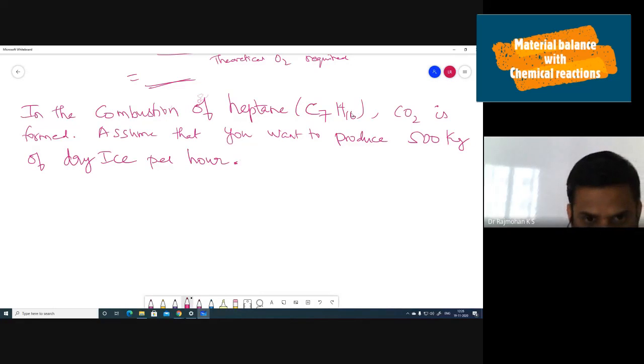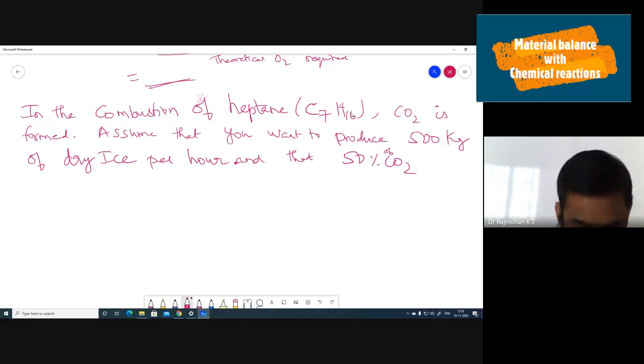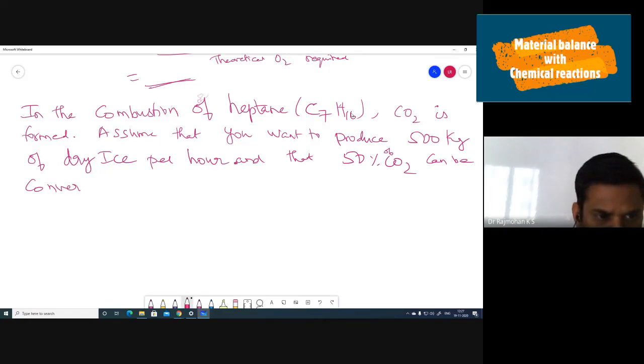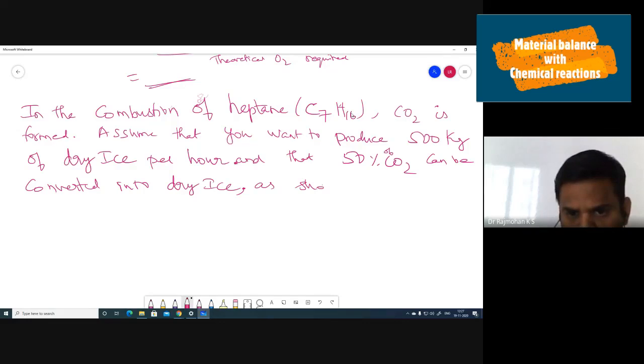Okay, and that 50 percentage of CO2 can be converted into dry ice, as shown in figure.